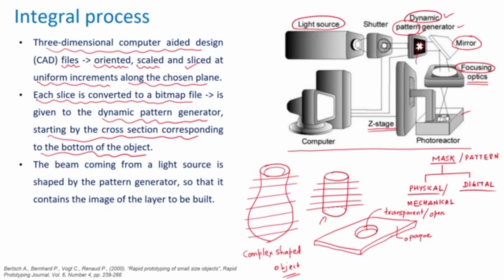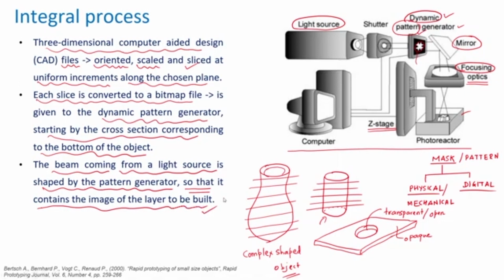For every section we will have a bitmap file, and according to that bitmap file the pattern generator allows the laser beam energy to pass through it. So, the beam coming from the light source is shaped by the pattern generator so that it contains the image of the layer to be built.